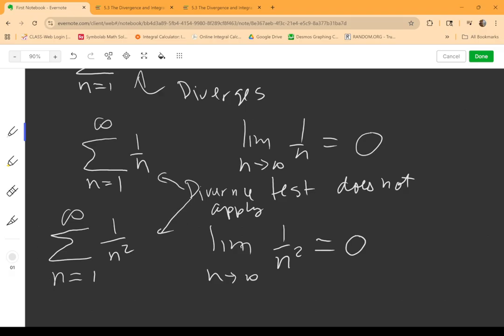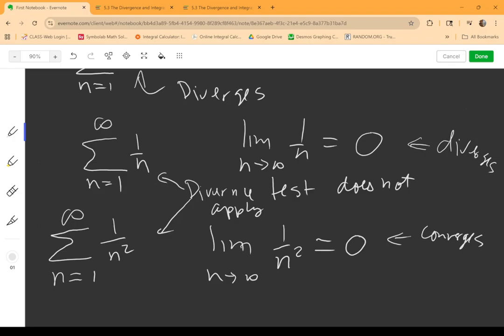Whenever those sequence terms are going to 0, the divergence test is inconclusive. It's not telling me that the series converges. Because we've already seen the harmonic series, and we've shown that this diverges, and shortly we'll show that this one actually converges. So just keep that in mind.